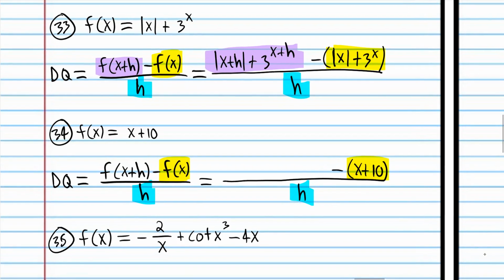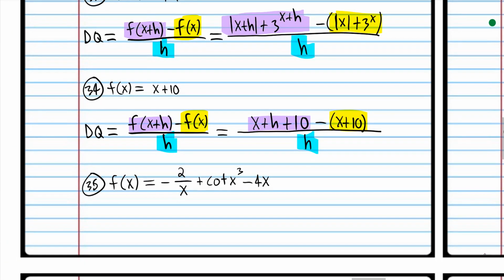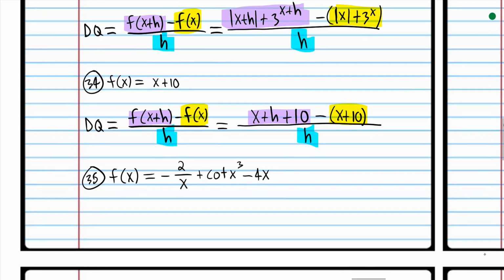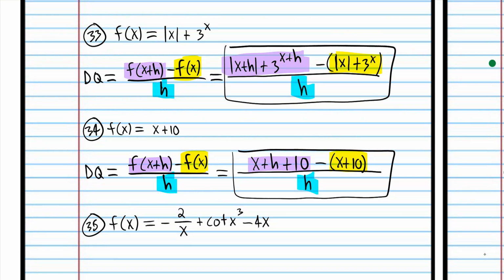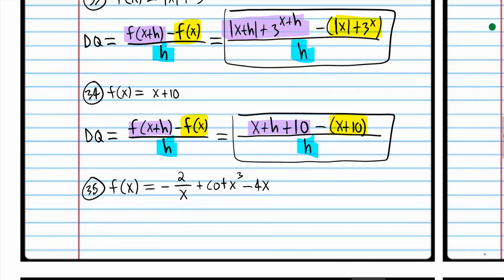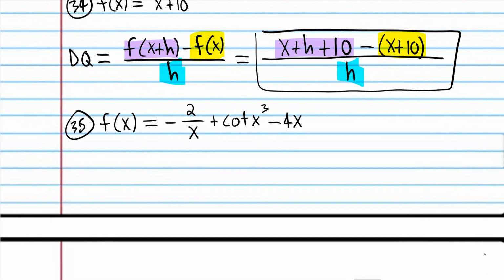And f of x plus h is x plus h plus 10. So I guess I didn't need so much room there. Alright, so again, we can simplify these expressions, but we don't want to do that in this course. We'll leave that for calculus. It's not that you can't simplify the expression, it's just that it's not really necessary.